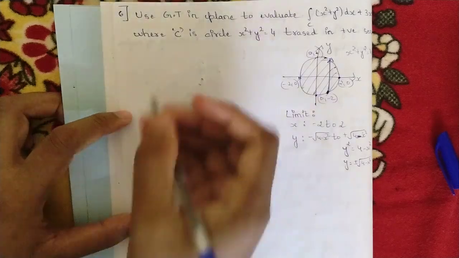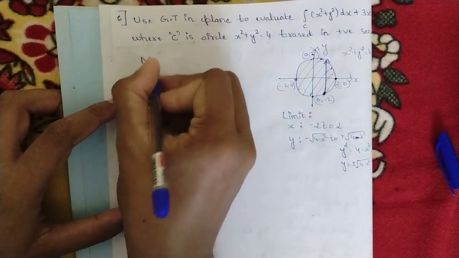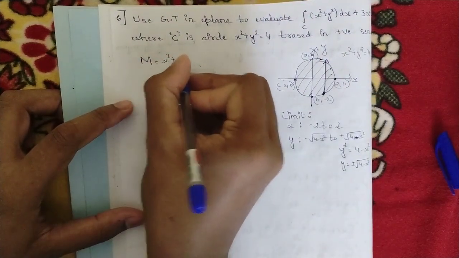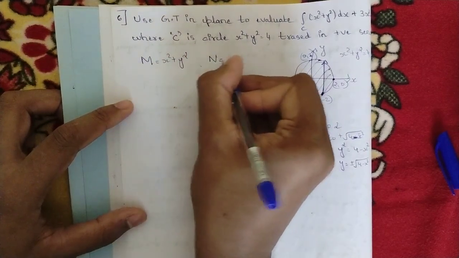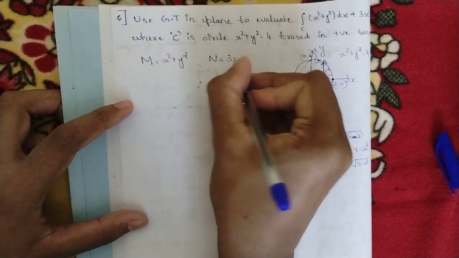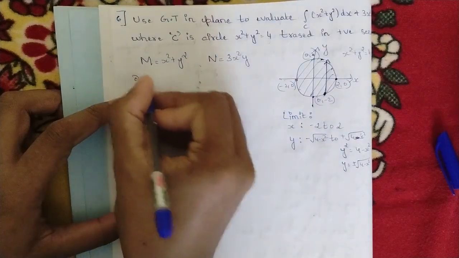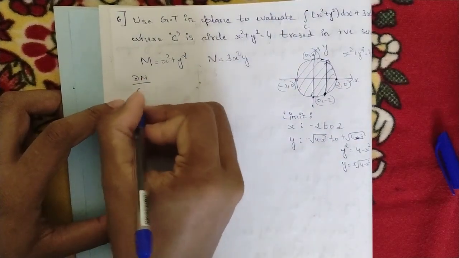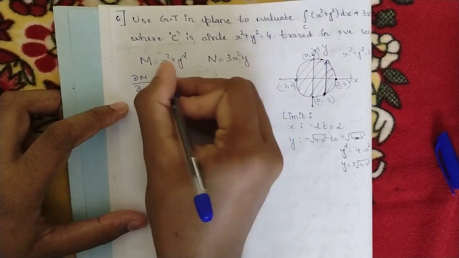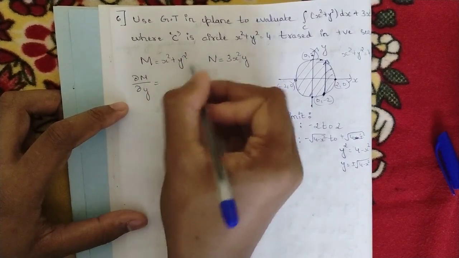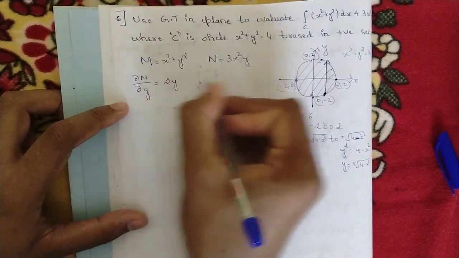Now solve. In place of M they have given x square plus y square, and for N they have given 3x square y. First, dou M by dou y: partially differentiate with respect to y. Here we don't have any y term, and the y square differentiation is 2y.